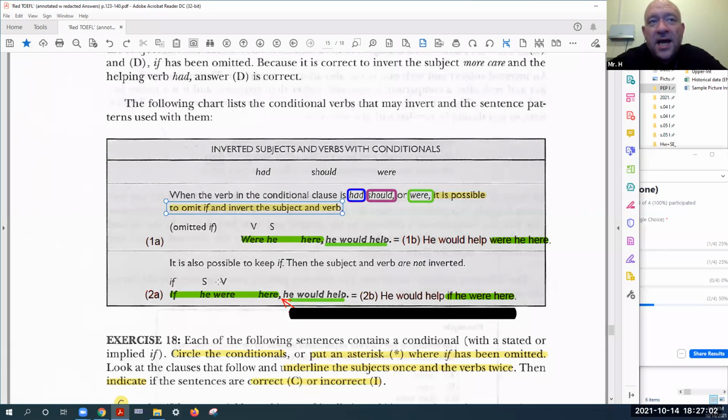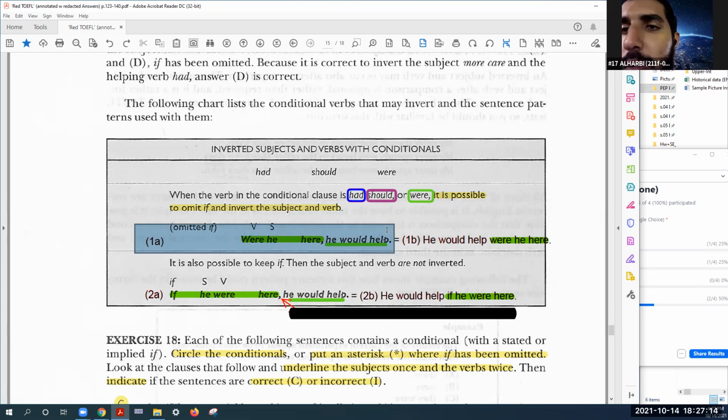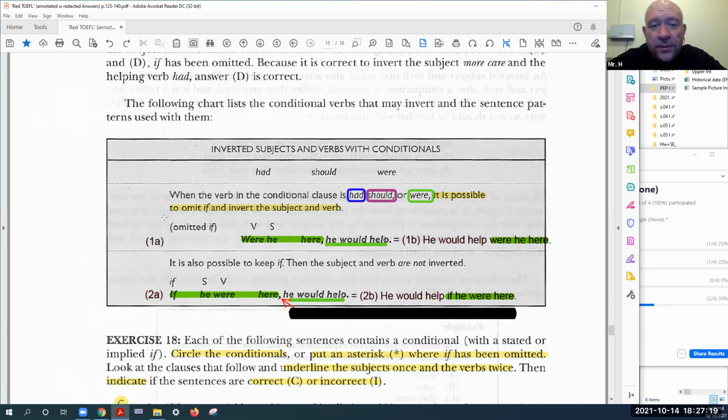Let's look at 1A. Can you read the formula for 1A? Were he here, he would help. So what's missing?